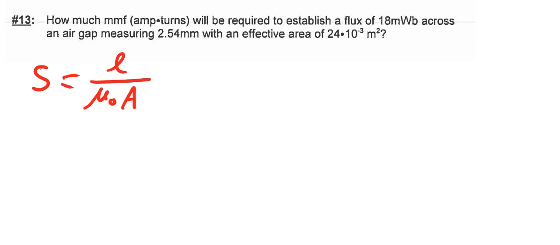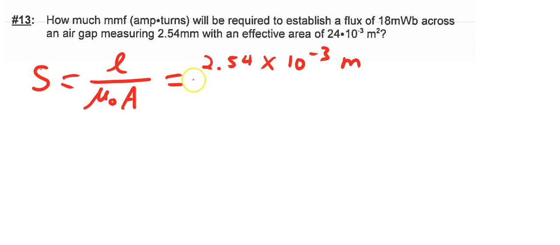Now, we are told that the air gap has a length of 2.54 millimeters, but remember we must use a unit of meters, so 2.54 times 10 to the negative 3 meters.